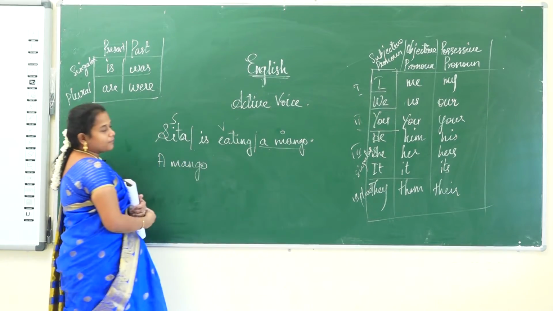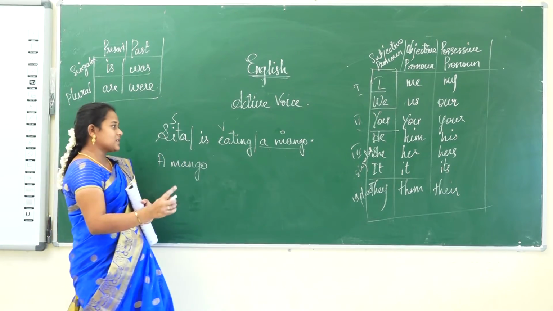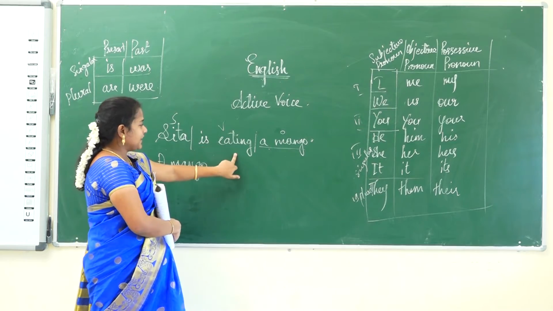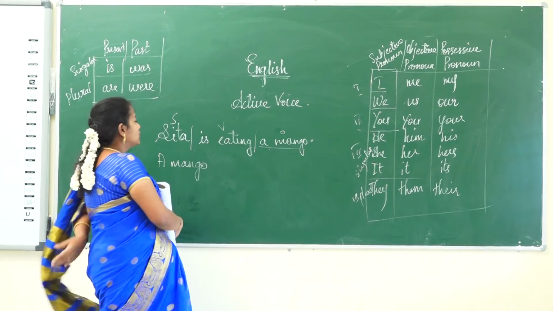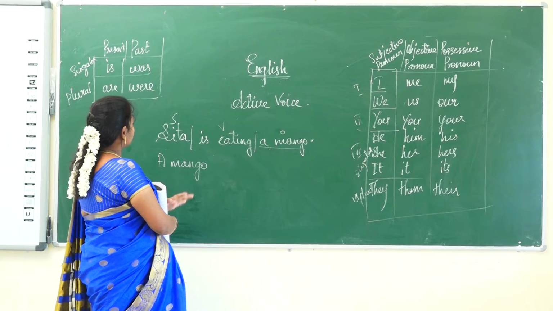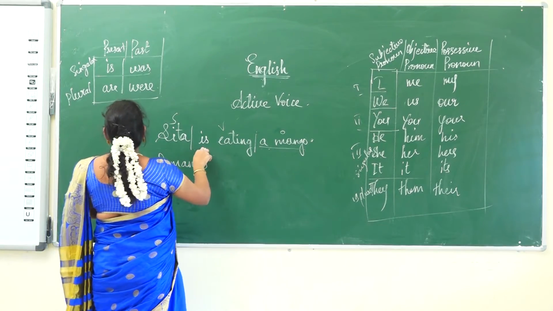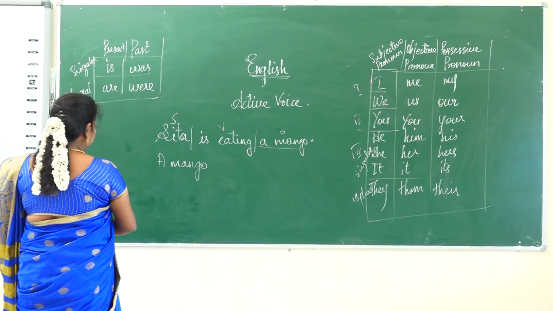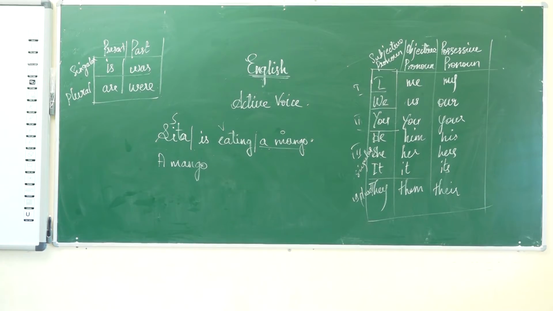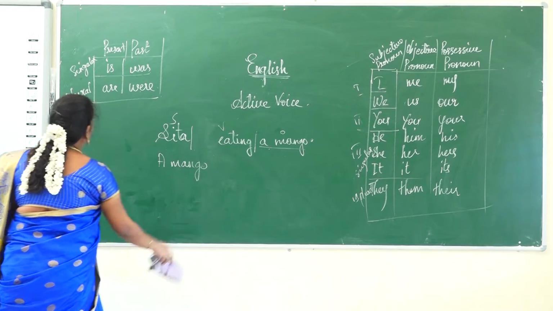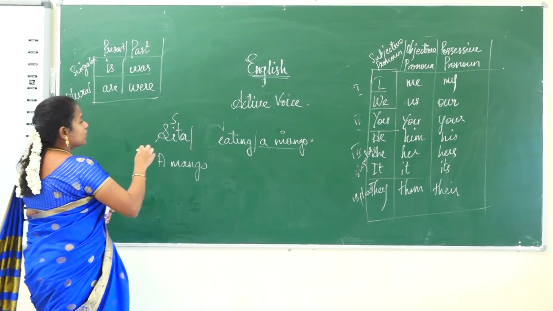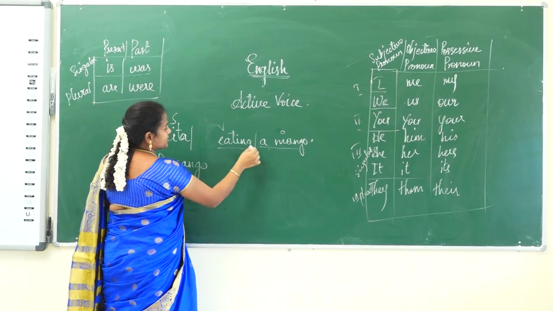active into passive form. So, this mango will come at first, a mango. Is mango plural or singular? It is a singular. Is eating. So, mango is, here we should not, in active voice there won't be any verbs. So, a mango eating, it is a present tense.